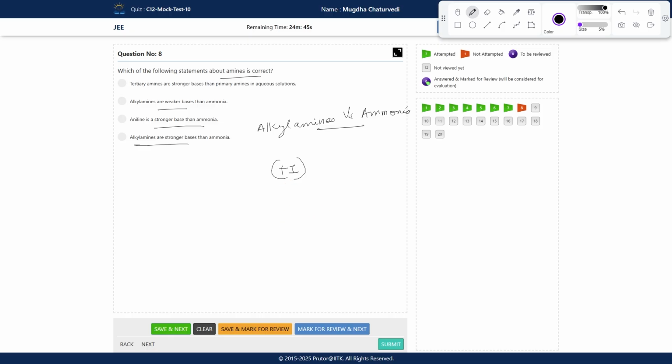Suppose here I have an alkyl amine, and this H plus. If I look at this protonated form, this is about the alkyl amines. Now if I look at ammonia, in the case of an alkyl amine, here I have the R group, which has a plus I effect.